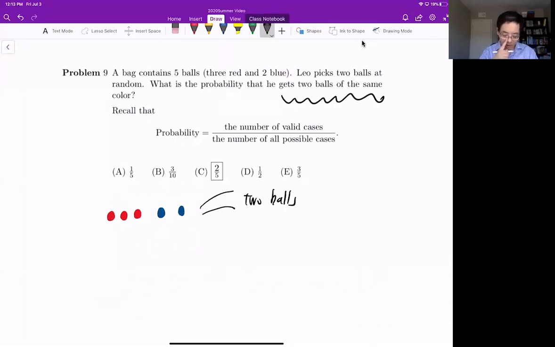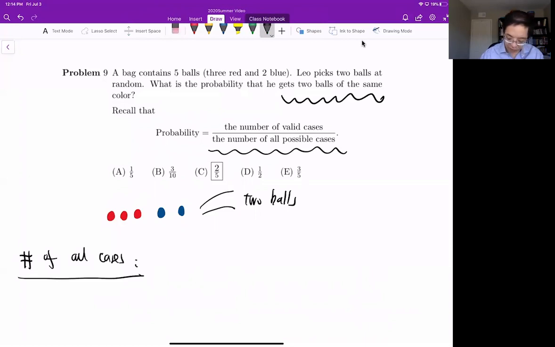All right, let's apply the formula. What's the total number of cases? First, let's calculate the denominator: the number of all scenarios if we just choose 2 balls.